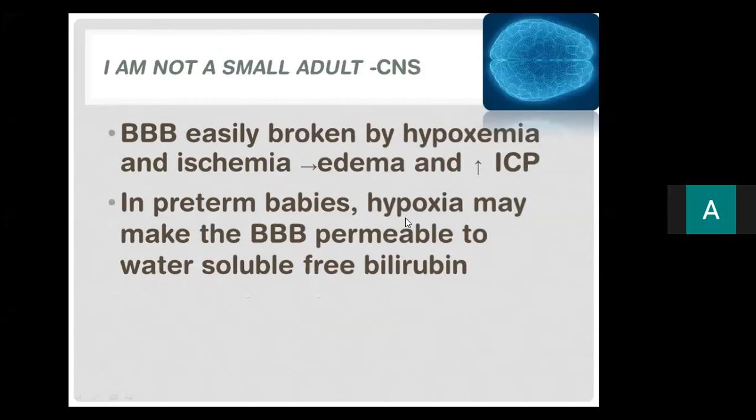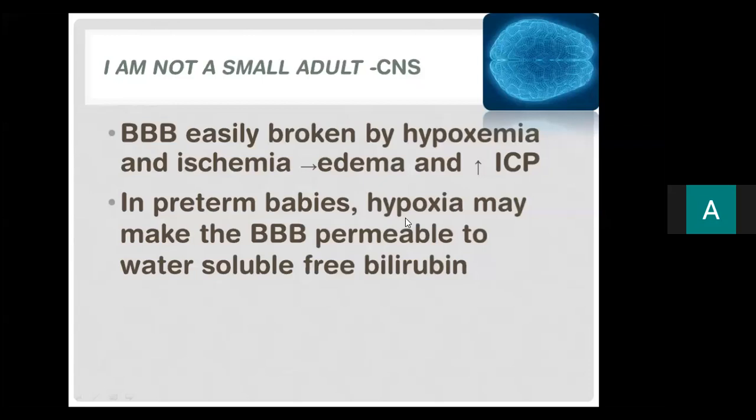So, still looking at their physiology, their CNS is quite immature. Their blood-brain barrier is easily broken by things like hypoxemia or any decrease in blood supply, and so that increases their risk of cerebral edema, which will end up increasing their intracranial pressure.